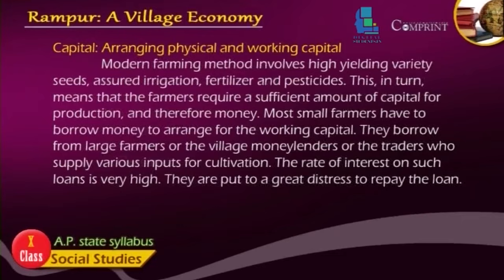Most small farmers have to borrow money to arrange for the working capital. They borrow from large farmers, village moneylenders, or the traders who supply various inputs for cultivation. The rate of interest on such loans is very high. They are put to great distress to repay the loan.